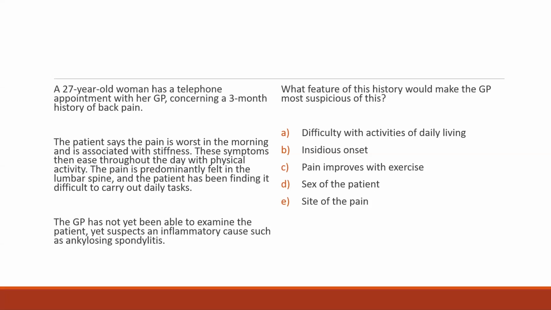A 27-year-old with a 3-month history of back pain, and the pain is worse in the morning. It's associated with stiffness. Symptoms can improve throughout the day with physical activity. It's predominantly in the right lumbar spine, and the patient has been finding it difficult to carry out daily tasks. He suspects AS.